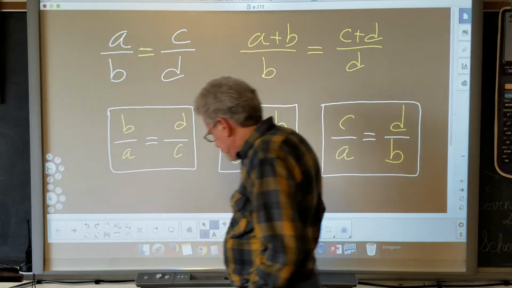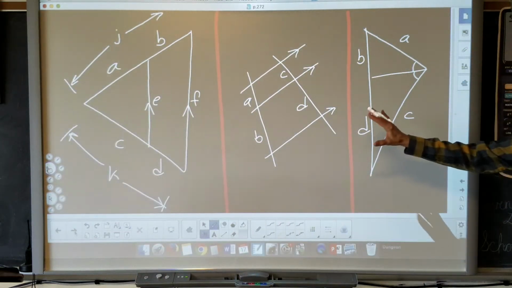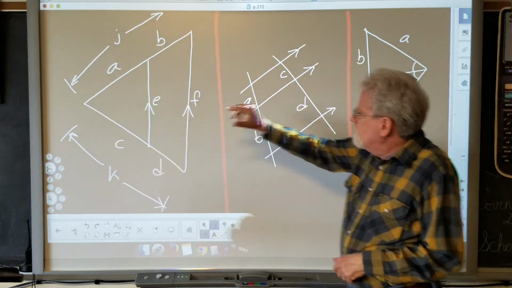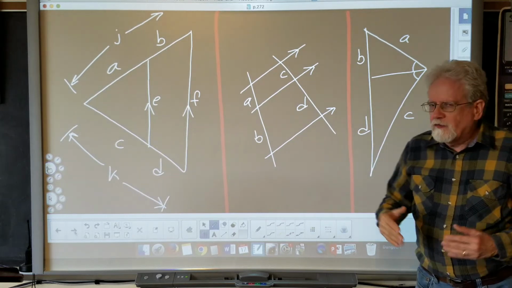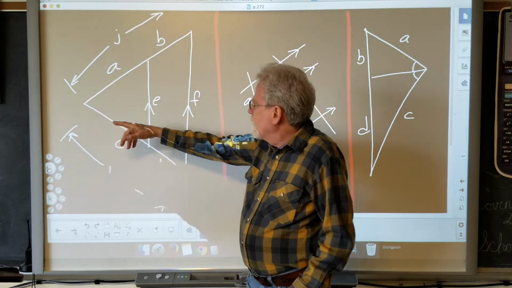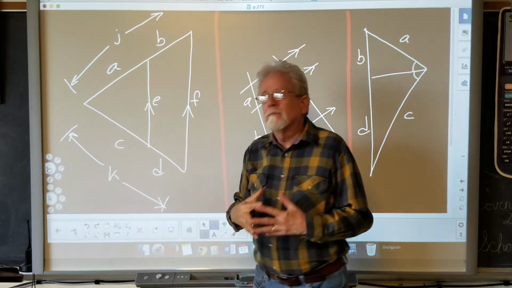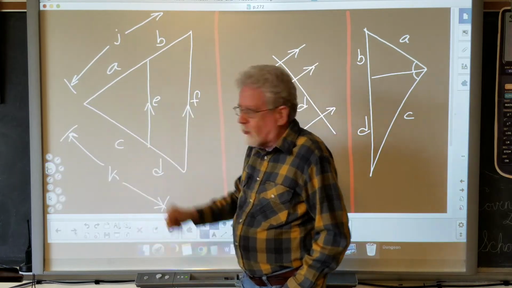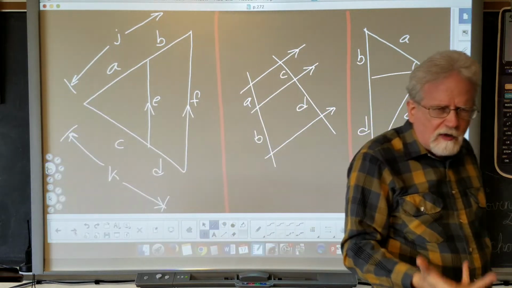All right. Next thing we need to review quickly is the material from, I believe, the very last time we met. We have two theorems and a corollary that all look very different but say exactly the same thing. This one said that, for instance, A over B equals C over D. Or you could do it upside down, B over A equals D over C. Or sideways, A over C equals B over D, as long as you're consistent in how you do it.